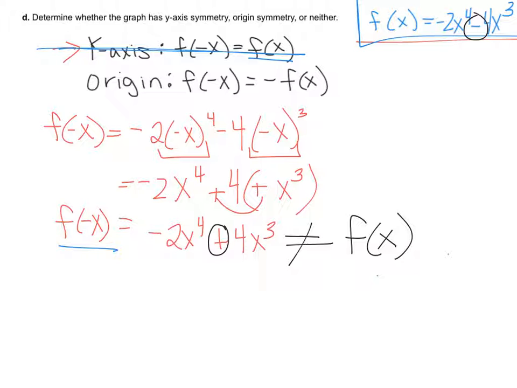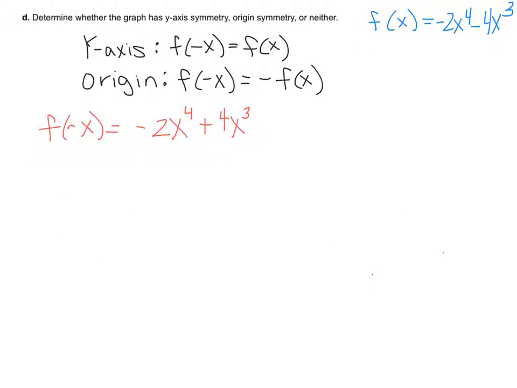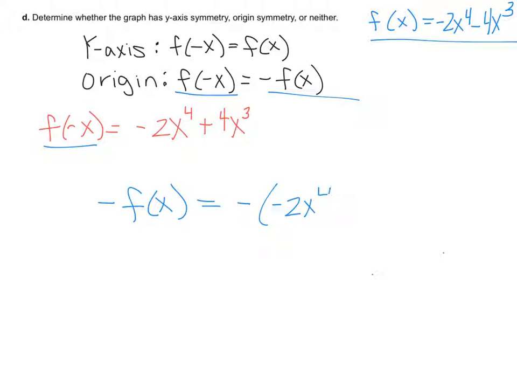So we can say that the graph does not have y-axis symmetry. Now we'll test origin symmetry. To see if the graph has origin symmetry, we're just going to compare f of negative x and see if it equals negative f of x. We already found f of negative x. Now we're going to find negative f of x. That just means that we're going to change each of the signs in the original function. So we're taking the negative of negative 2x to the 4th minus 4x cubed, and again we just change each sign.